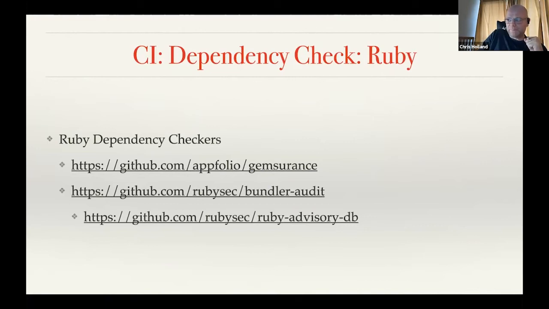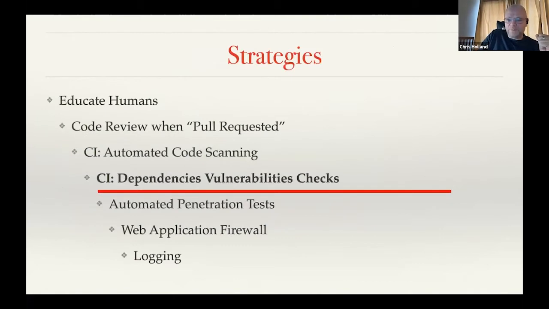Okay. So these are the ones that I could find so far. Whichever language you happen to operate in, I highly recommend that you try to look for similar tools as well, right? I tried to list the tools that I could find. Okay. So that was for dependency vulnerability checks.